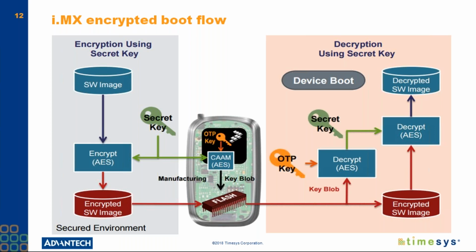You append this encrypted secret key onto the encrypted software image, and then burn that into the flash. The encrypted secret key is also referred to as the key blob.